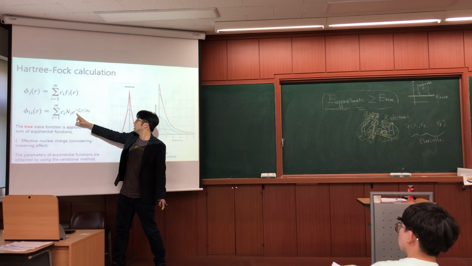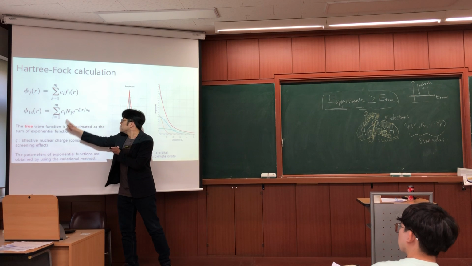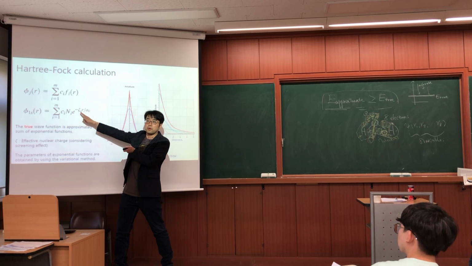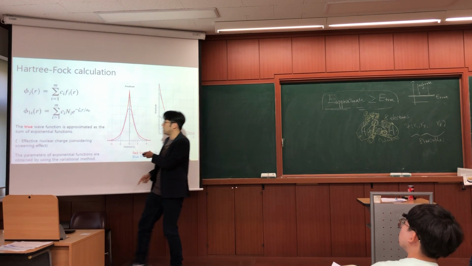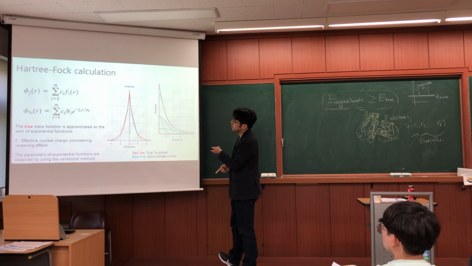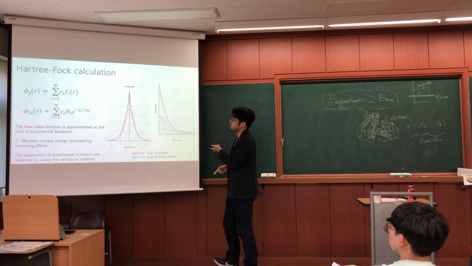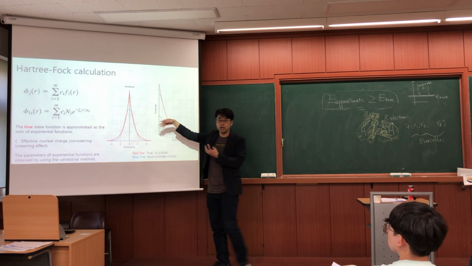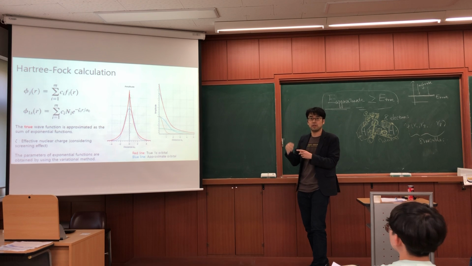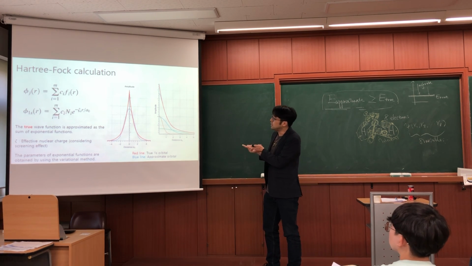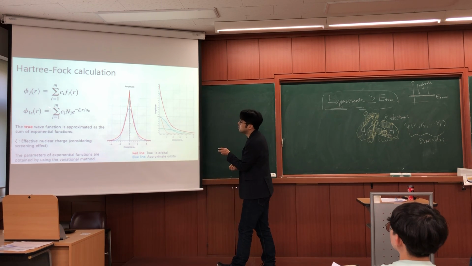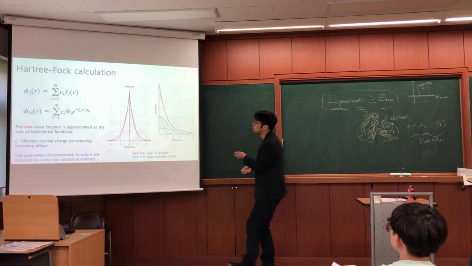And here the zeta, this is a Greek alphabet, is called the effective nuclear charge. I adapted these equations from the textbook. If you don't remember these, you can check the physical chemistry textbook, right? So these are constants, and this is the effective nuclear charge.